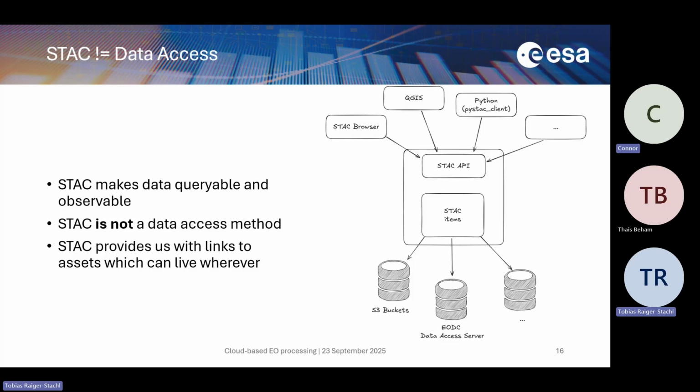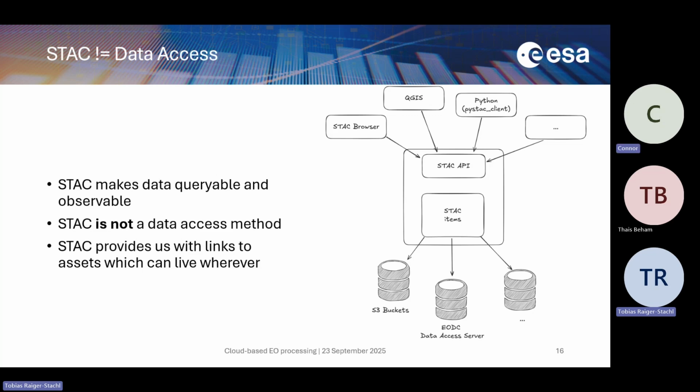And this is the strength of STAC, because then you do not need to have all the data stored in one data center. You can create a STAC catalog, but say, okay, this collection is stored maybe at the Copernicus data space ecosystem.